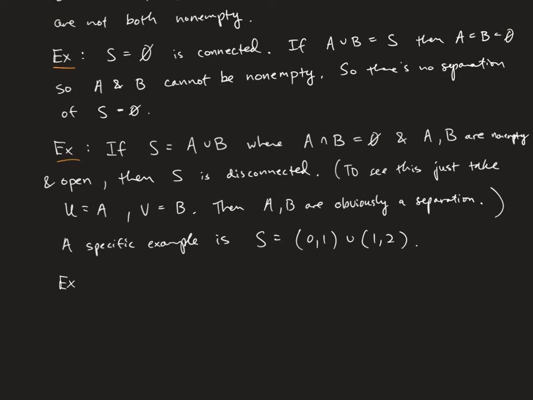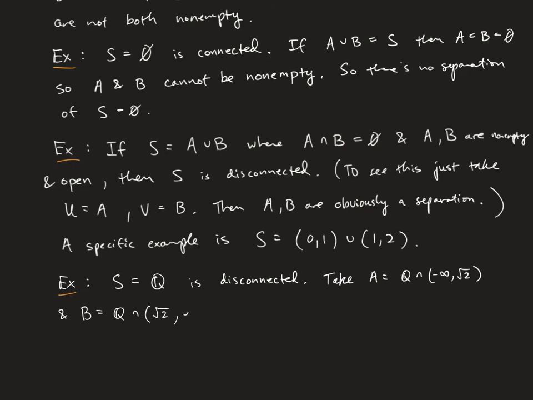A very interesting example of a disconnected set is the rationals. So S equals Q is disconnected. Here we can take A to be Q intersect the interval from negative infinity to the square root of 2, and B to be the rationals intersect the interval from square root of 2 to infinity.